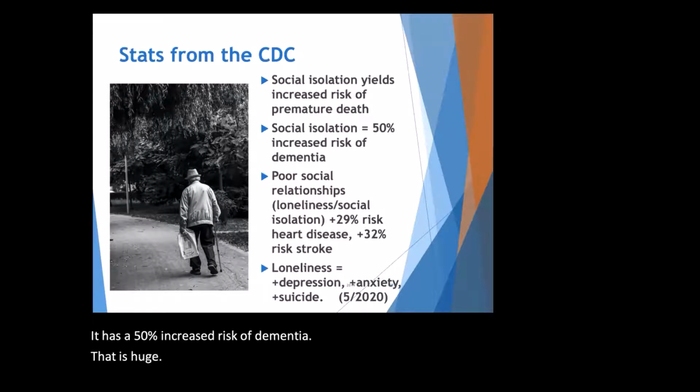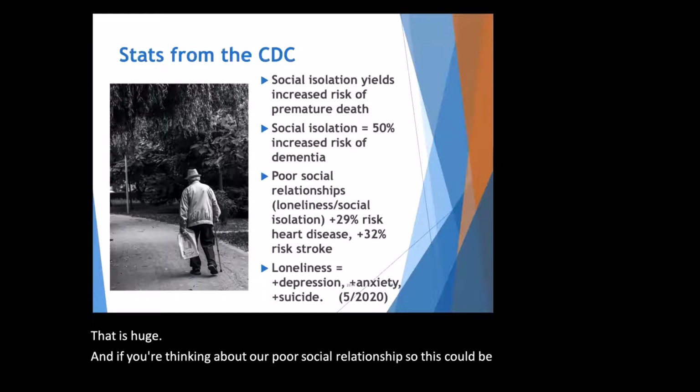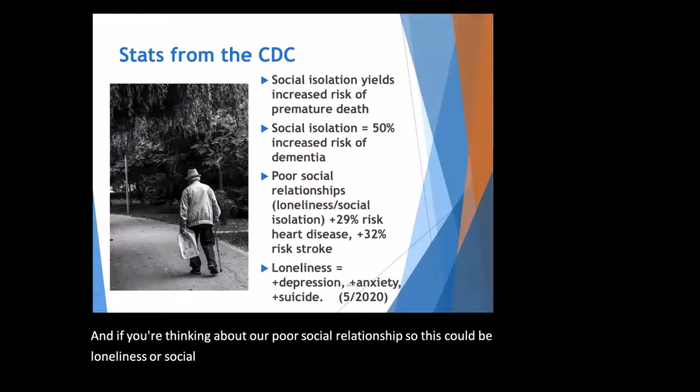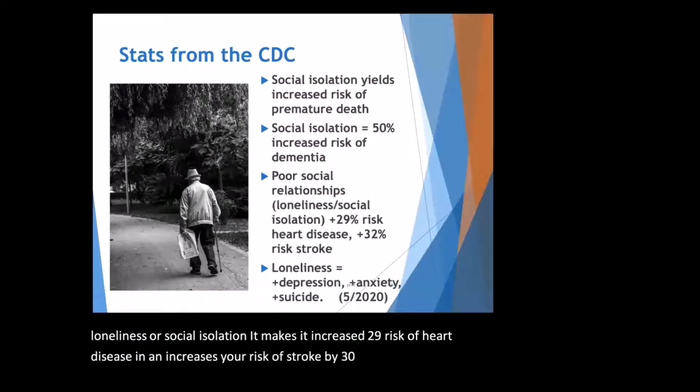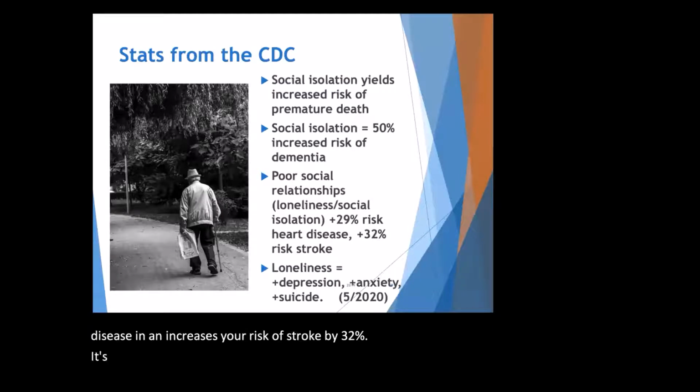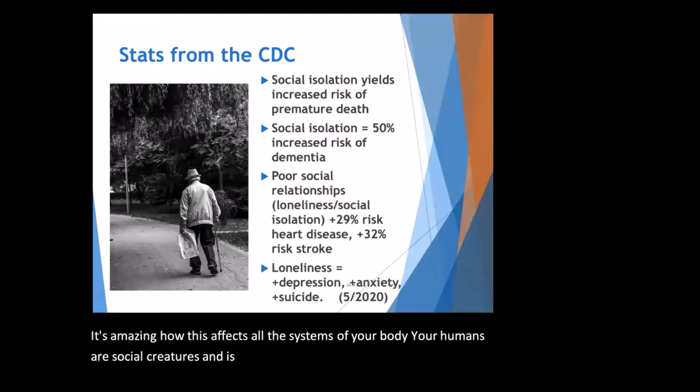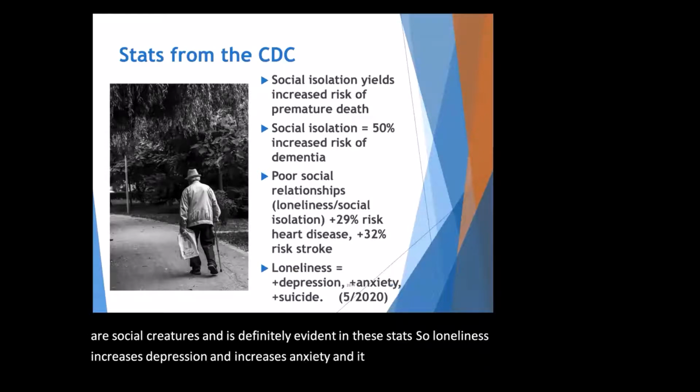And if you're thinking about poor social relationships, so this could be loneliness or social isolation, it makes an increased 29% risk of heart disease, and it increases your risk of stroke by 32%. It's amazing how this affects all the systems of your body. Humans are social creatures, and it's definitely evident in these stats. So loneliness increases depression, and it increases anxiety, and it increases suicide.